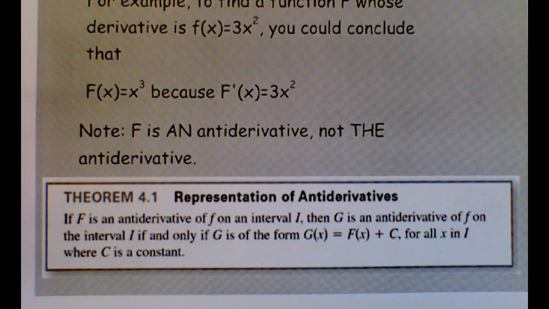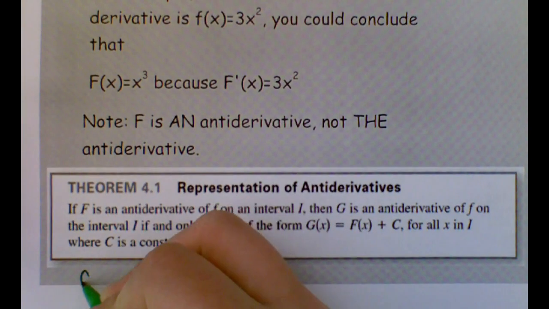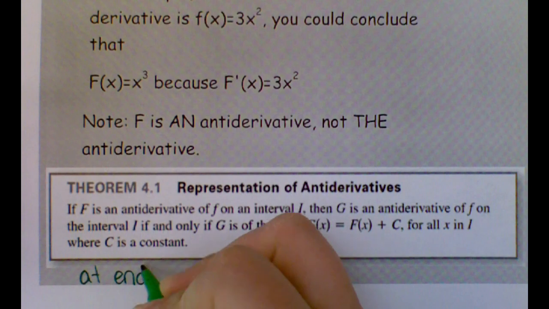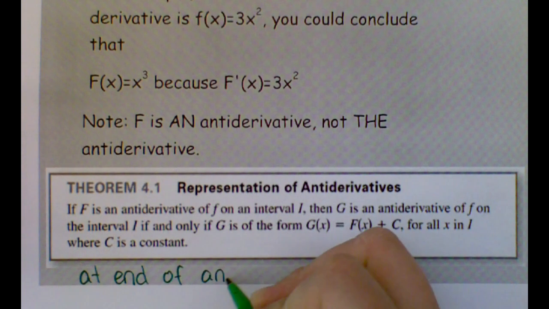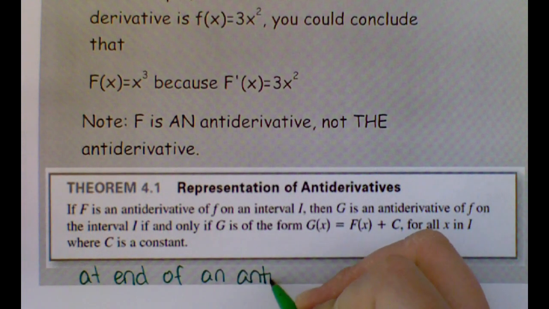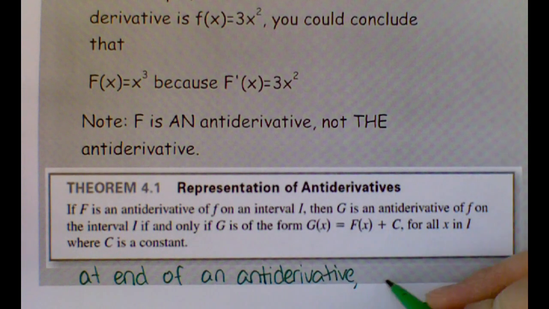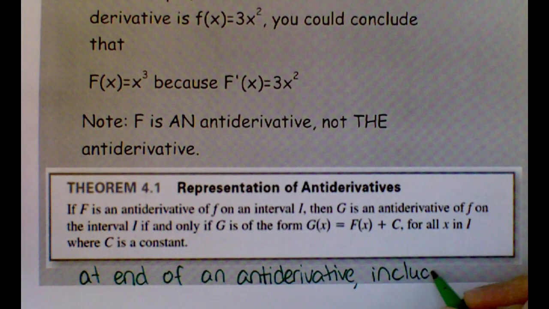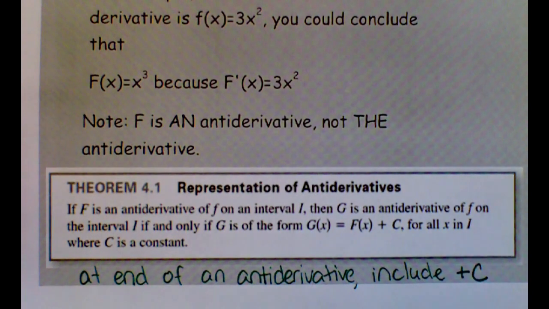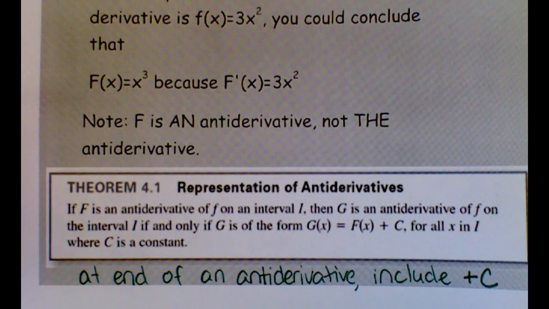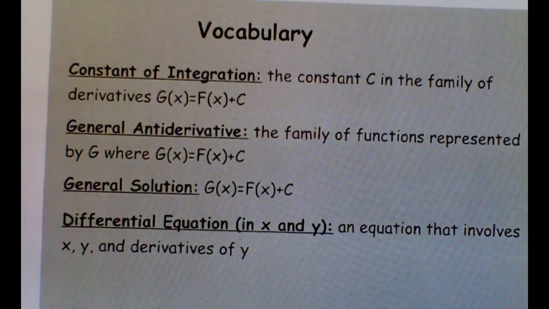Basically, that means at the end of an antiderivative, always include plus c, because there could have been a constant and we don't know sometimes. Sometimes we know. We'll talk about that.